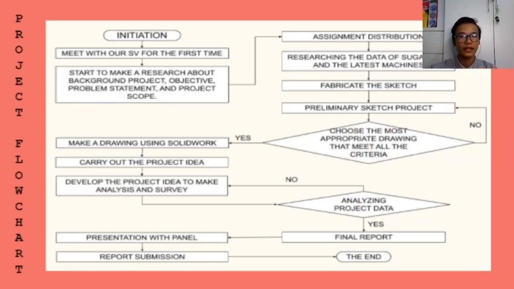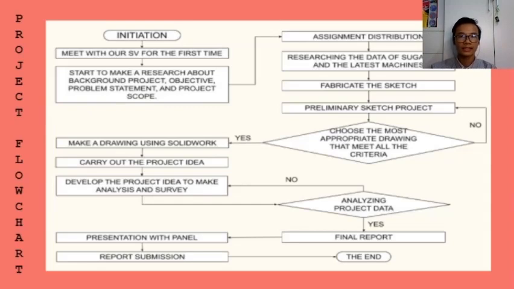Okay, we start off by meeting our supervisor and then start researching the background of the project, objective and project scope, and then distribute assignments and do some research about data on sugarcane and the latest sugarcane machines.